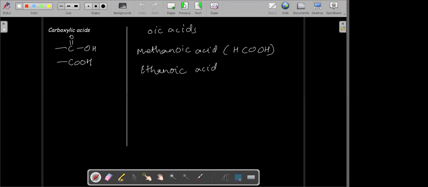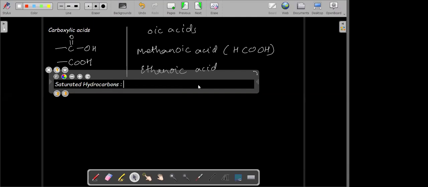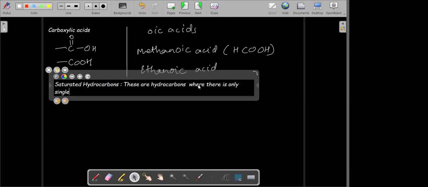Saturated hydrocarbons are hydrocarbons where there is only a single bond between carbon and carbon atoms.